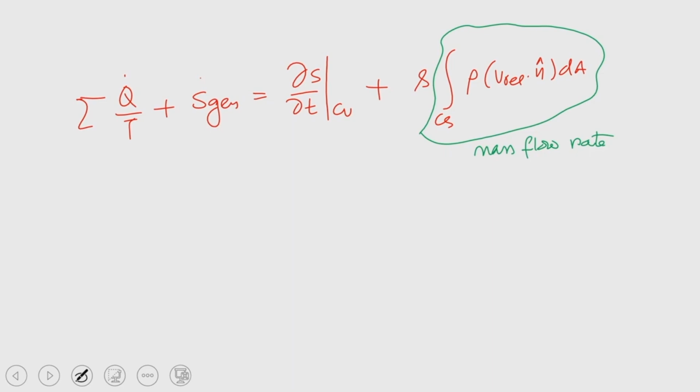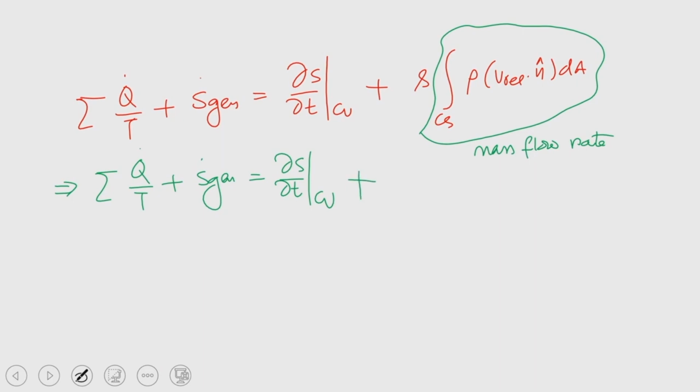Okay. So, what we can write? We can write one step further. We can write Q dot by T plus S dot gen equal to dS/dt of the control volume.